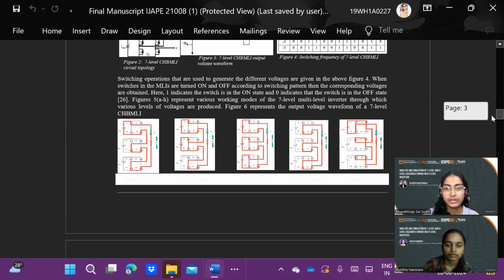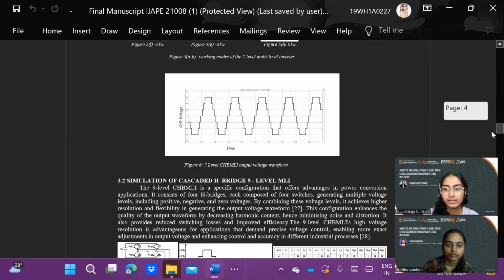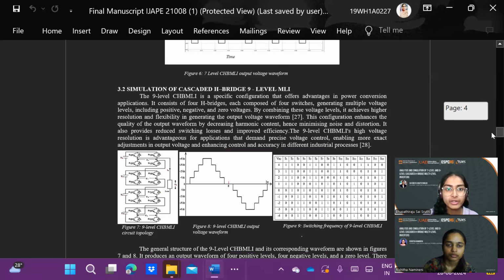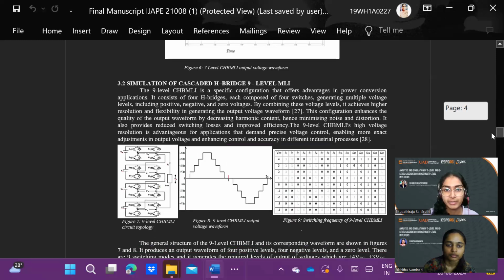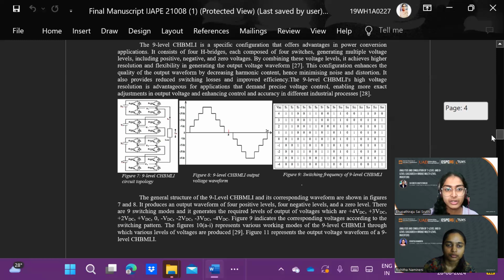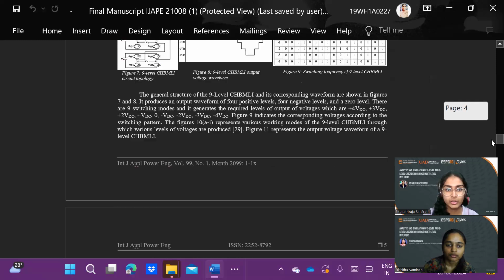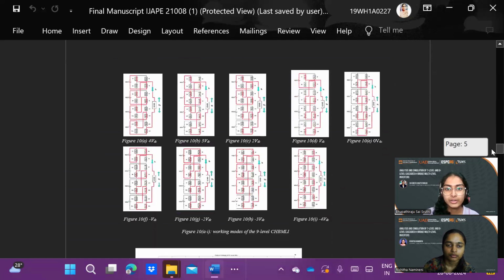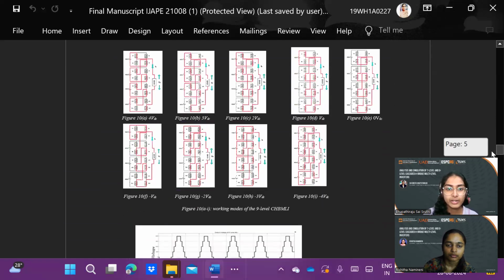These are the working modes of the 7-level waveforms. Then moving on with the 9-level cascaded H-bridge MLI and its simulation, its diagrams, its waveforms, everything is mentioned here, and all the circuit topologies and working modes.